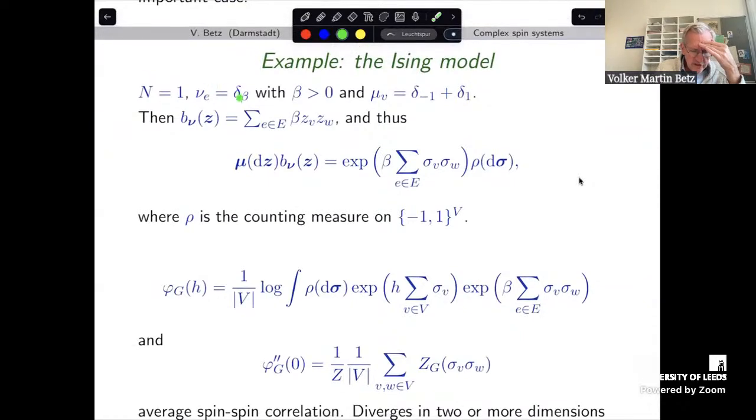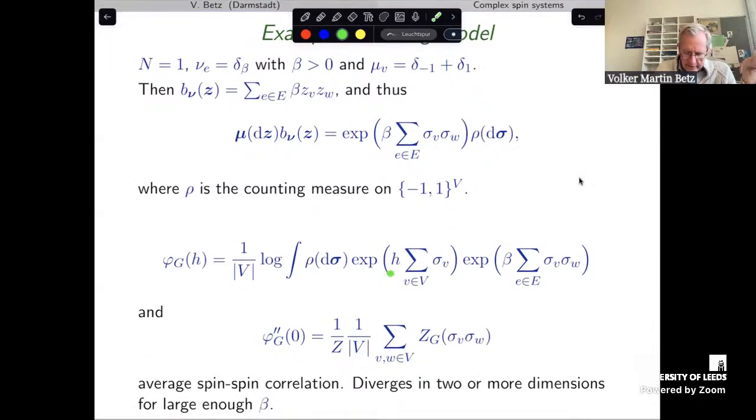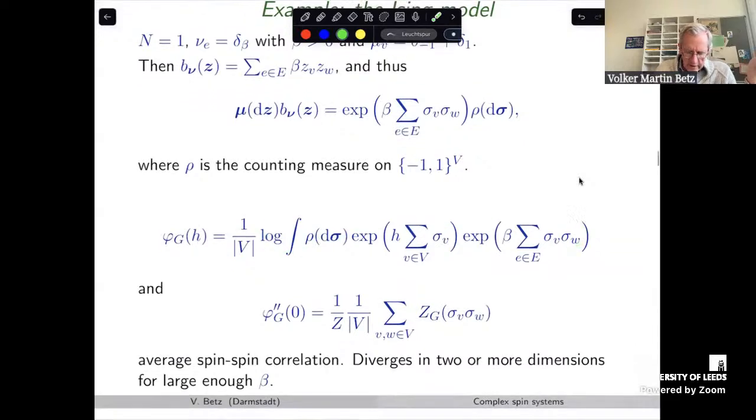Here the edge weight is just sitting on beta strictly positive. The vertex weight is concentrated on -1 and 1, as I said. And then you get the Ising model. It's not really a complex spin system, because it's a real spin system. But anyway, this is the Ising model as you know it. And the free energy is exactly this, the logarithm of this quantity. And the second derivative of the free energy, as is well known, is just the average of the spin-spin correlations, right?